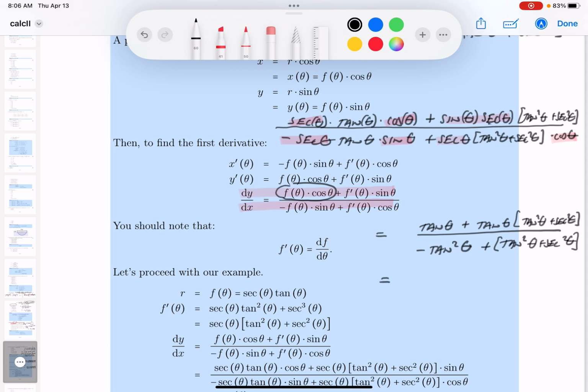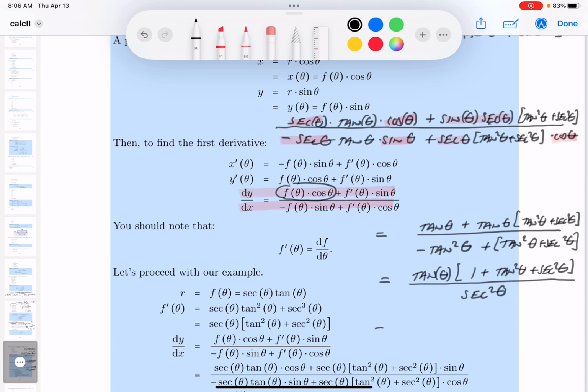On the top I can factor out a tangent theta now, and we're left off with 1 plus tangent squared theta plus secant squared theta. What do you get on bottom now? You just get secant squared theta. That's pretty nice.